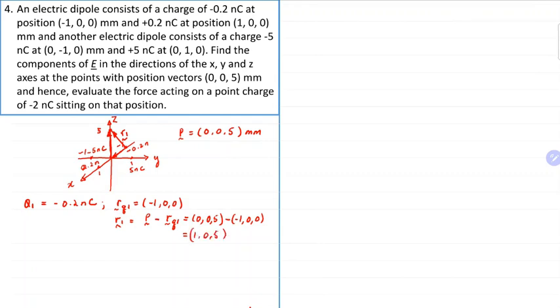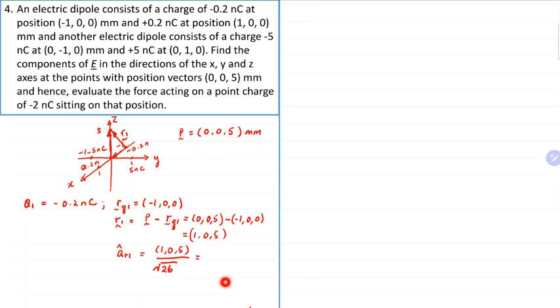So that will be my vector R1, and my unit vector R1 will be (1, 0, 5) divided by the magnitude, which is the square root of 1 squared plus 5 squared, the square root of 26.